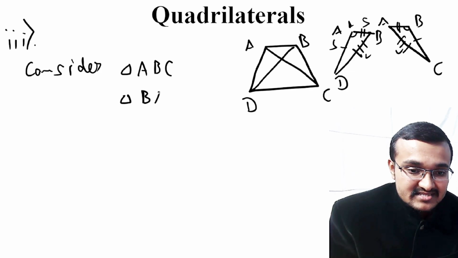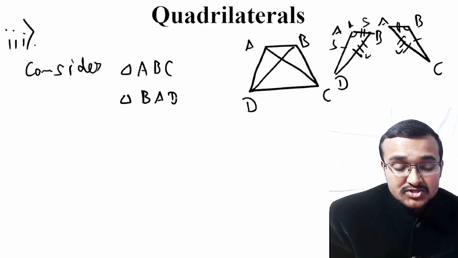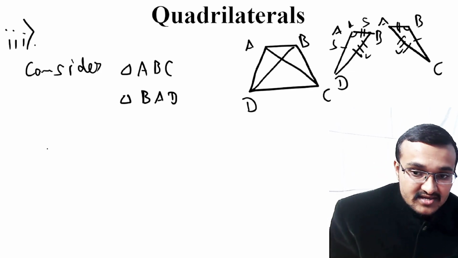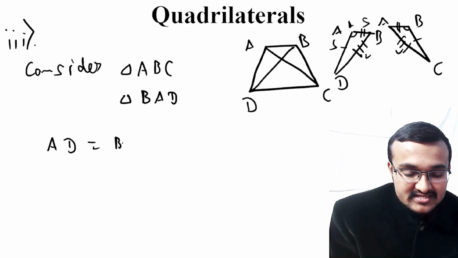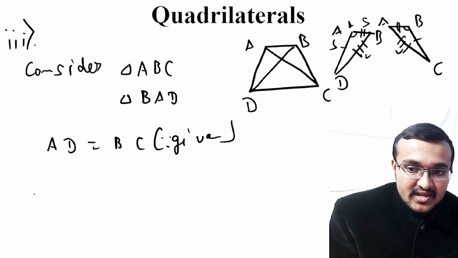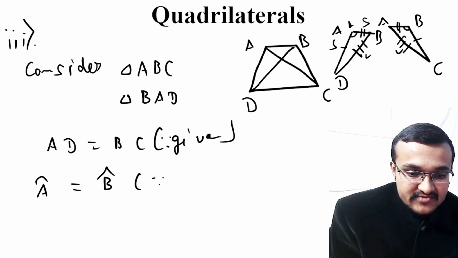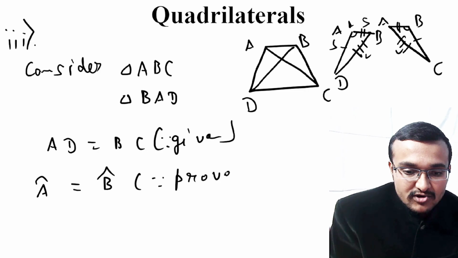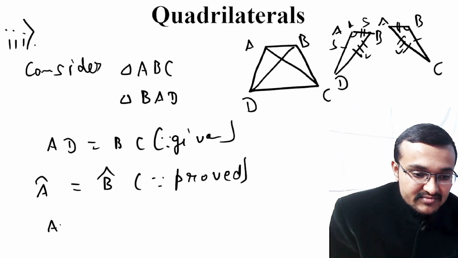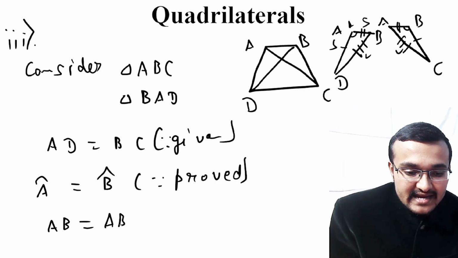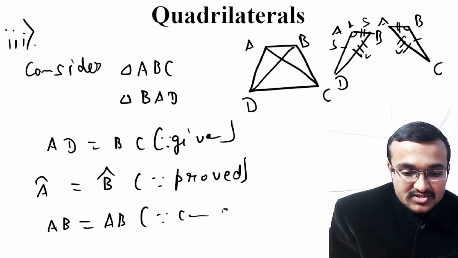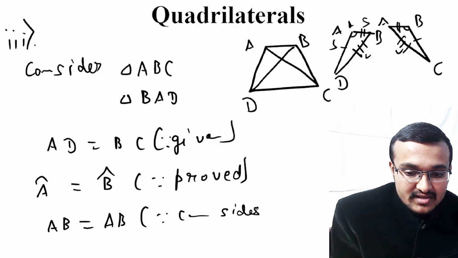So consider triangle ABC and triangle BAD. In these two triangles, AD is equal to BC. This is already given. And angle A is equal to angle B. This we have already proved. And AB is equal to AB, they act as a common side.